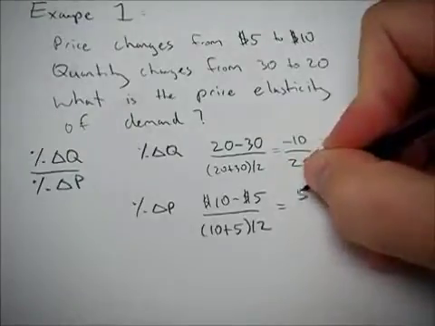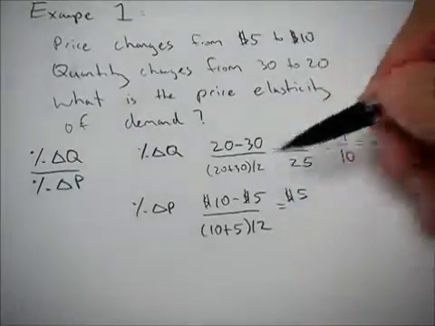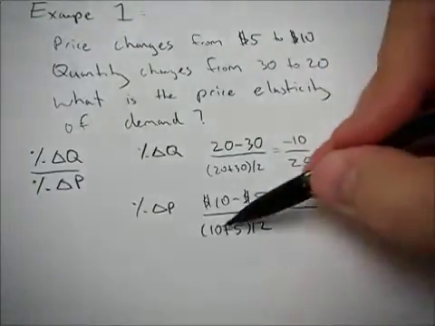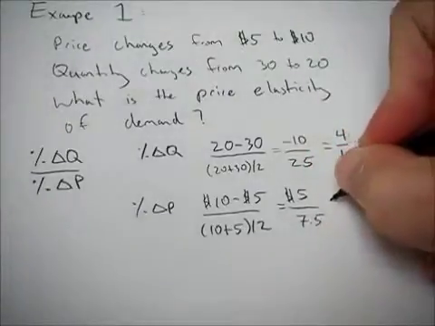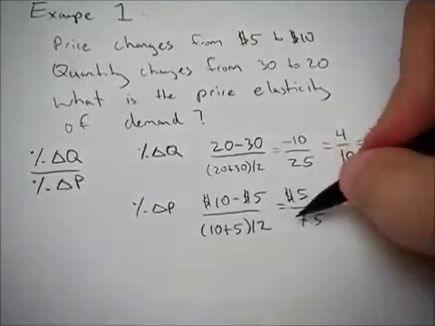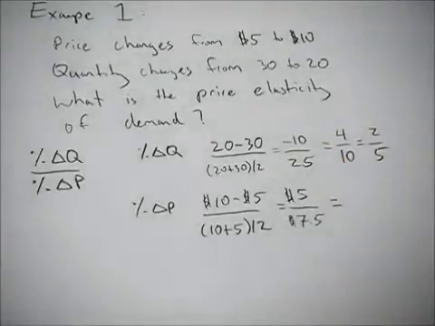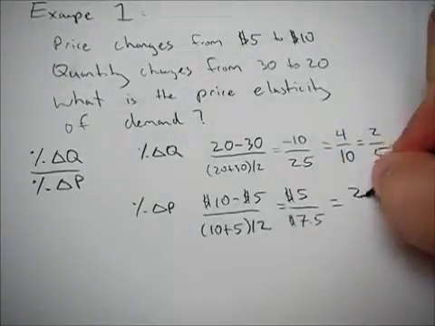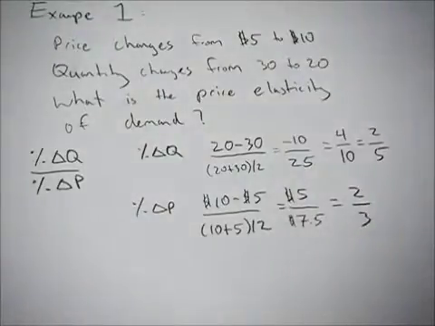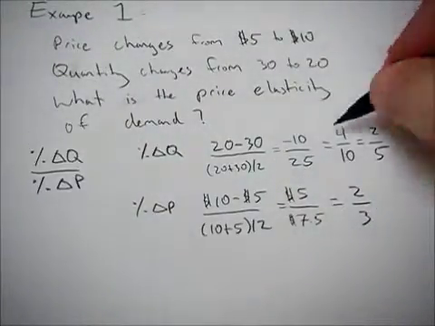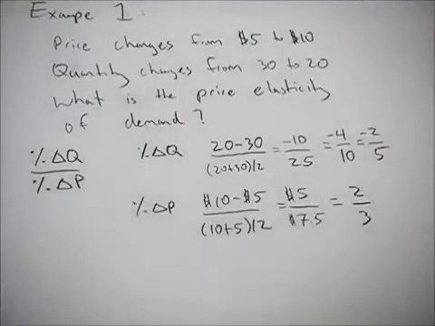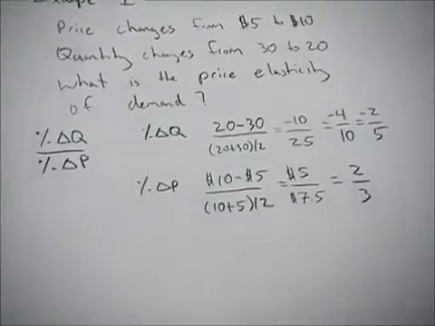So here we get $5 is the difference, 10 minus 5. 10 plus 5 is 15 divided by 2 gives us 7.5. And those are all dollars. And that gives us 2/3. So our percent change in price is 2/3. Our percent change in quantity, forgot those there, is negative 2/5.